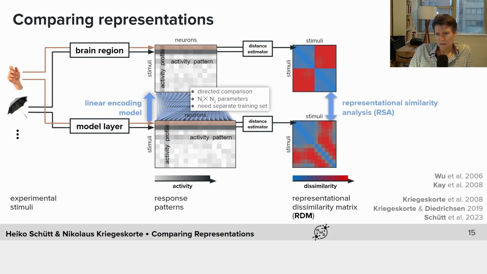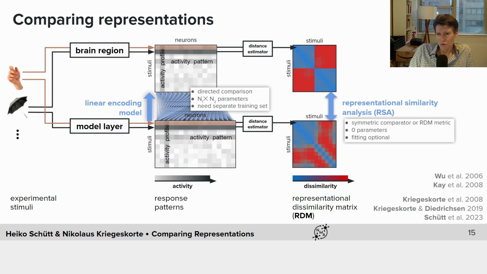So on this basis, we can directly compare the representations because they're now square matrices with the same dimensions, and they're indexed by the stimuli, so they have matching rows and columns. And this gives us a way to symmetrically compare the two representations.